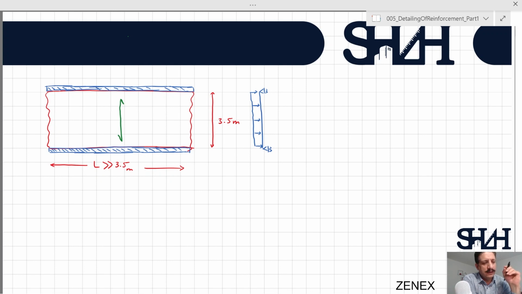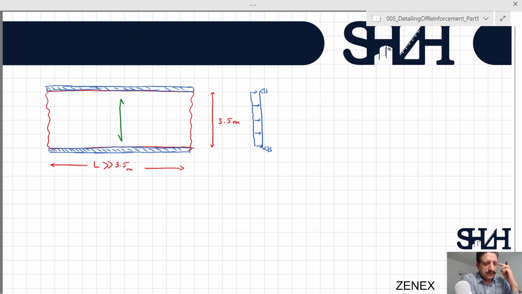Please note that if we are designing for a floor, hollow core slabs are long, but they are transferring the load in their longitudinal direction. But if we are pouring the concrete over two beams and it's very long, then the transfer direction of the load is in the width direction.